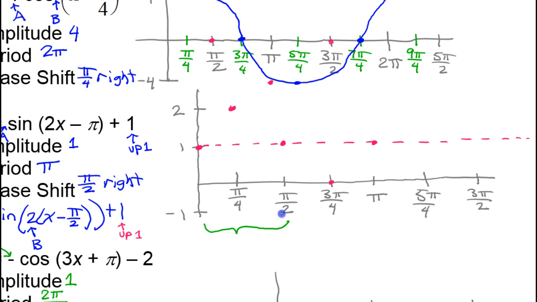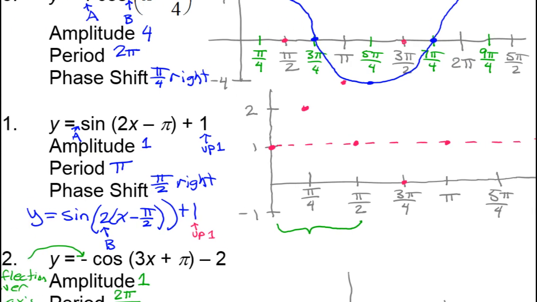It is 2 sections of this graph. So when I shift these points to the right by pi over 2, I am shifting them to the right by 2 spaces on this axis. So just keep that in mind.